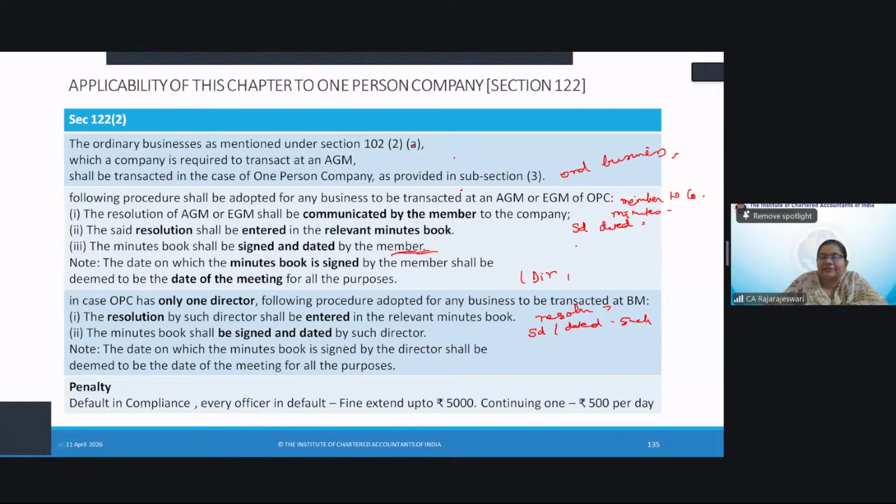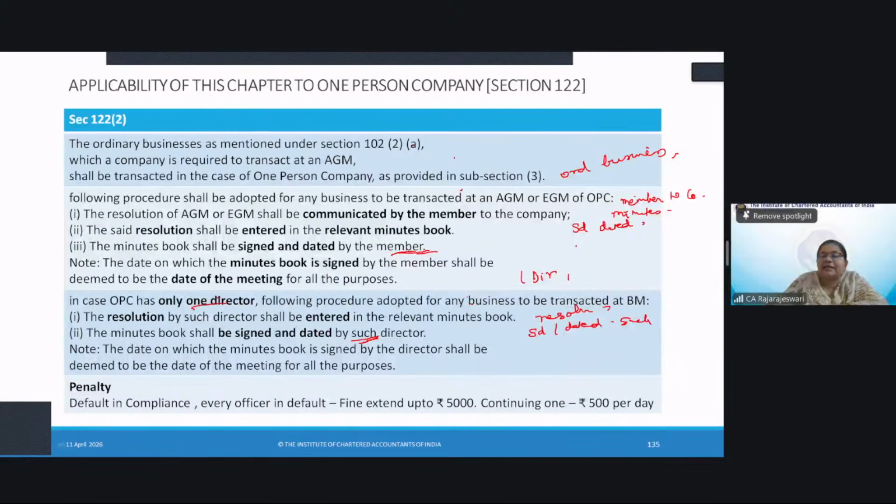See the wording, such director. This is important. Such director here refers to that one director who is there. And whenever it was signed, that will be deemed to be the date of the meeting for all purposes.